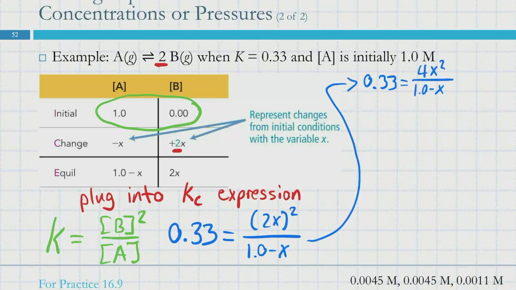So let's rearrange it a little bit. I'm going to move the 1 minus x over to the left side. I'm going to break it down as simply in as many steps as it takes.